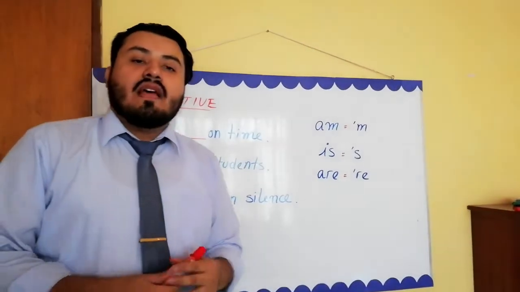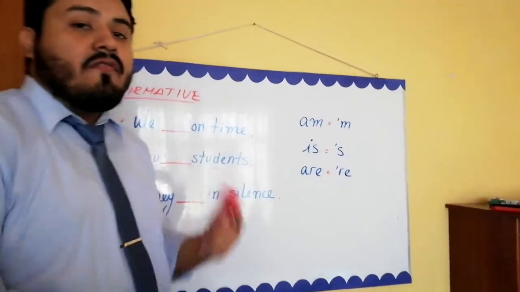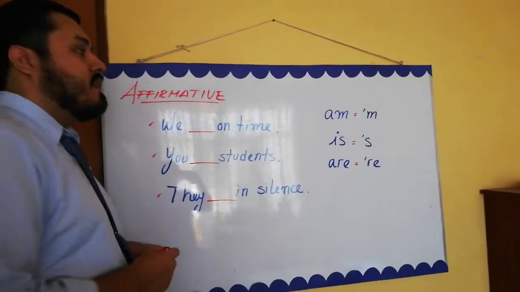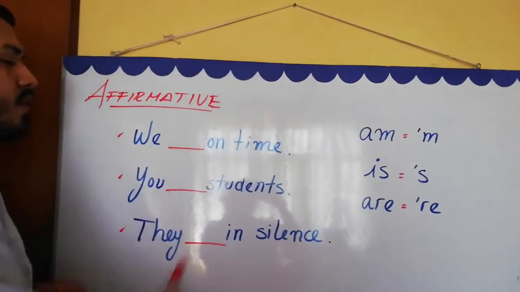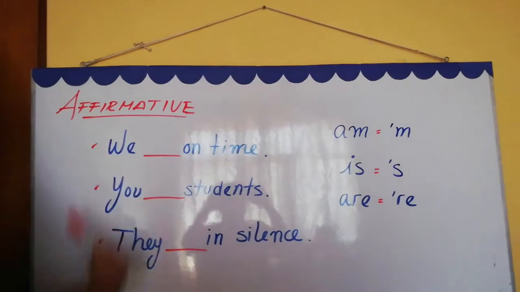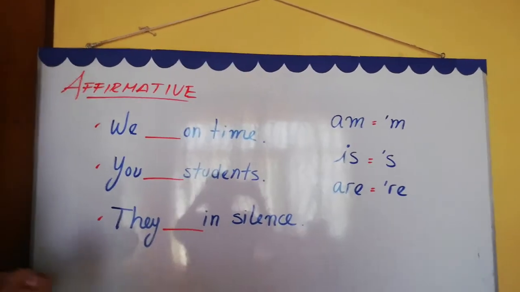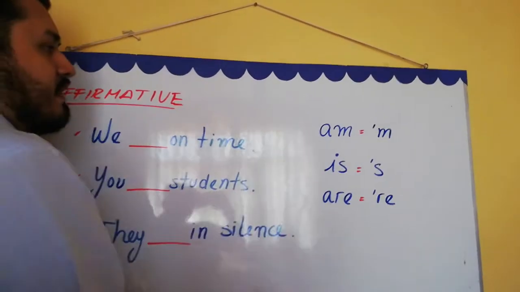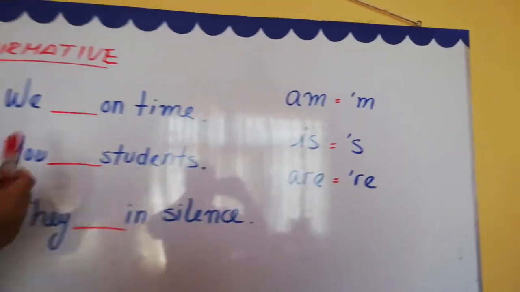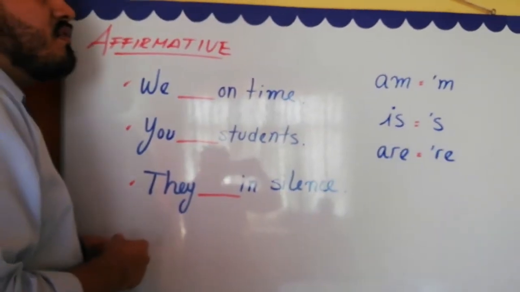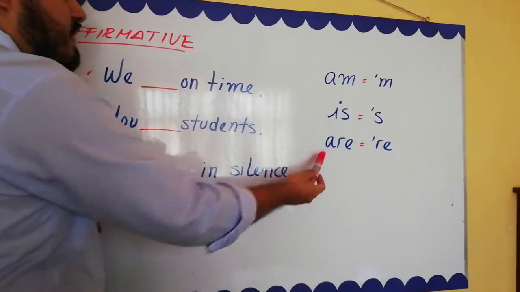Okay guys, now let's continue. We have worked with the singular. Now let's work with affirmative sentences, but in plural, okay? We're gonna work now in plural. So, we have learned that the verb is am, is, are. But now that we are working in plural, we are only gonna use one of these.